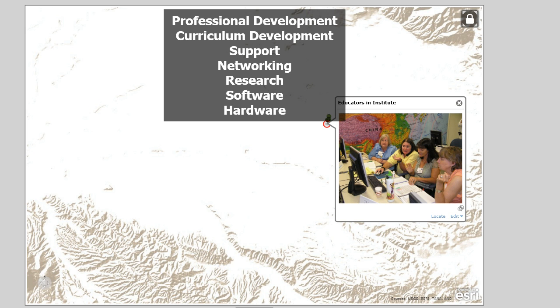Now, there's a lot of factors that go into effective implementation of any technology or any method in education, right? What we try to do here on the ESRI education team, in tandem with your efforts, it's our community all working together, is a variety of things. Providing the hardware and software, research into the effectiveness and implementation of GIS in education, networking with your colleagues, support of various kinds, time, money, etc., writing grants, etc., curriculum development.